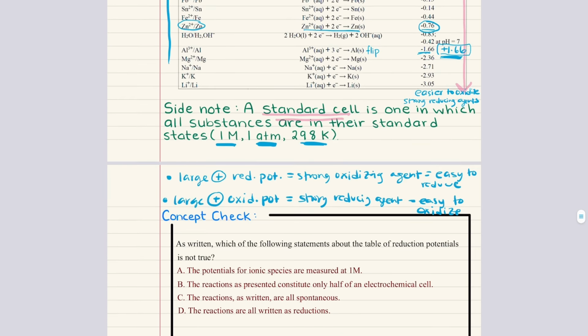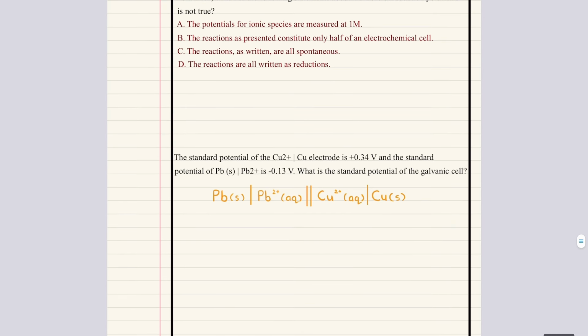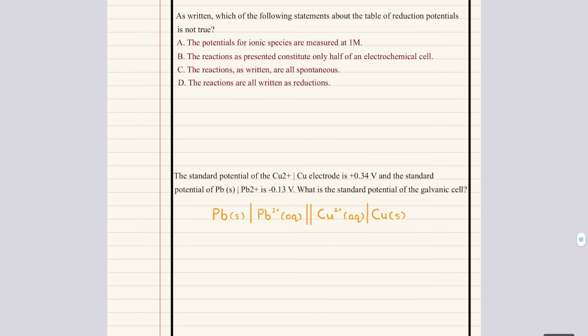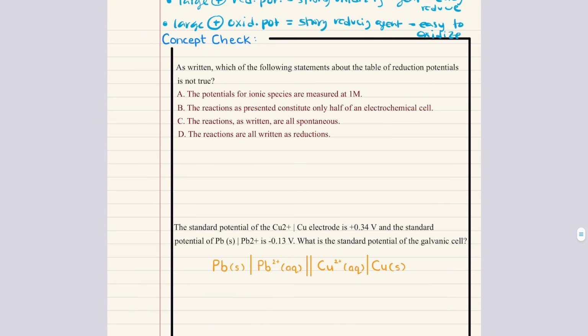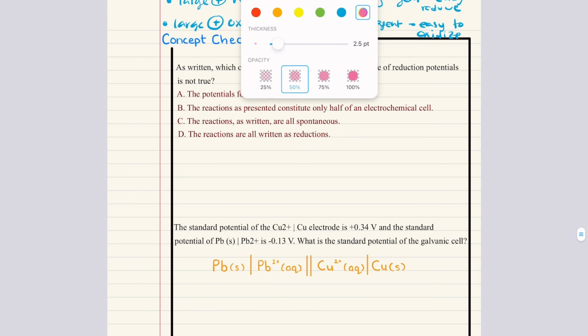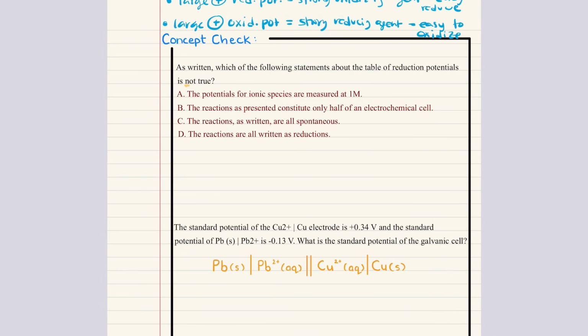Before we move on to our next topic, let's tackle a couple of practice problems. The first question asks, as written, which of the following statements about the table of reduction potentials is not true? Let's go through each option carefully. A says the potentials for ionic species are measured at 1 molar concentration.